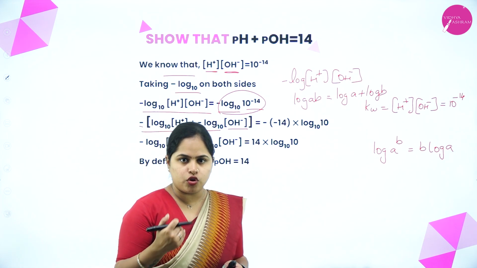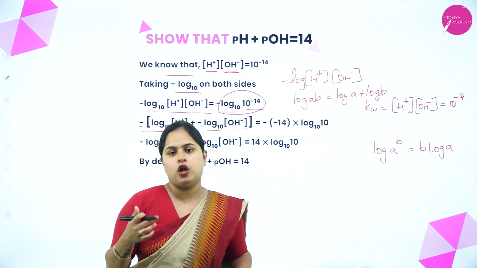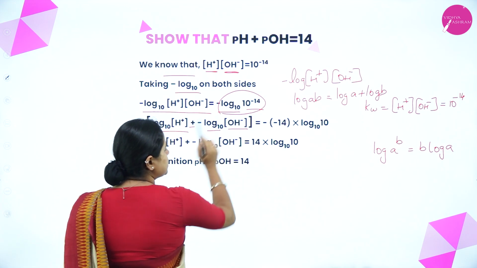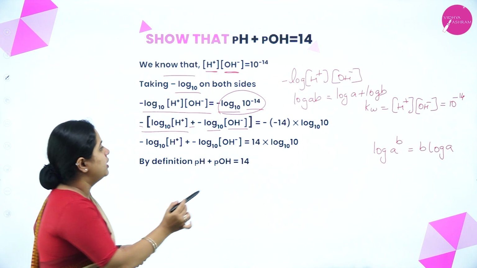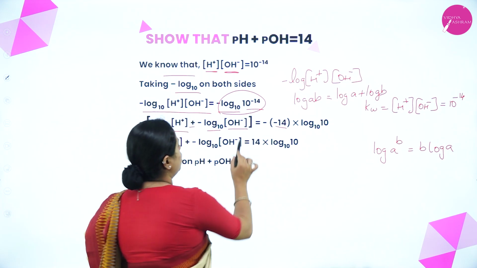Log AB is equal to log A plus log B, and log A to the power B is equal to B log A. So these two equations are important. So now we are going to expand this in that format. Log 10 to the power minus 14 will be equal to, yes, this will come down, right? Minus 14 into log 10.